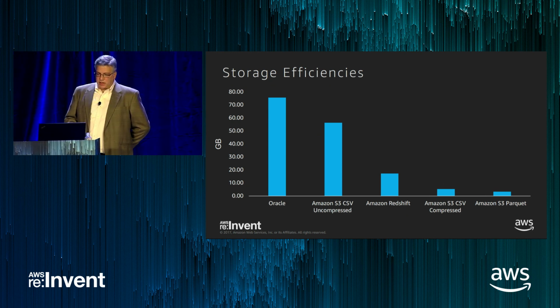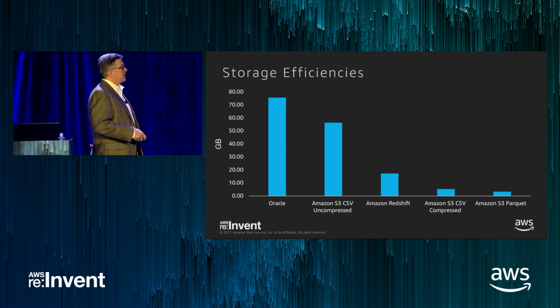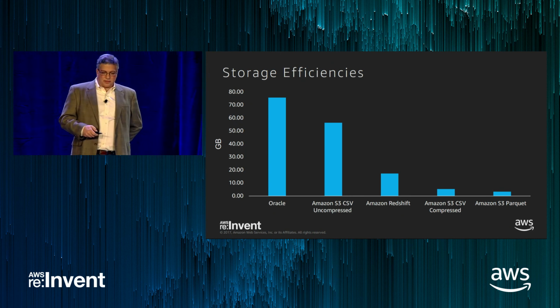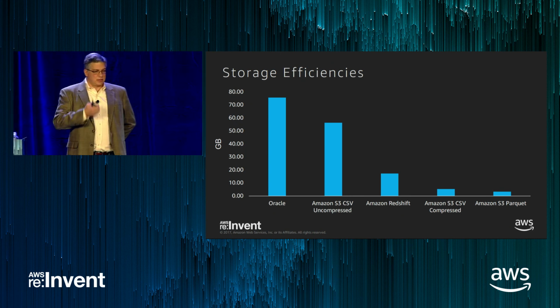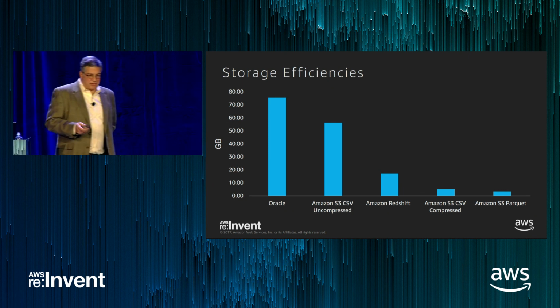Putting it into Redshift in a columnar format, it's only 17 gigabytes. But when you get it into S3, in your archive data store in your data lake, it's 5.5 and 3.5 gigabytes, I apologize.